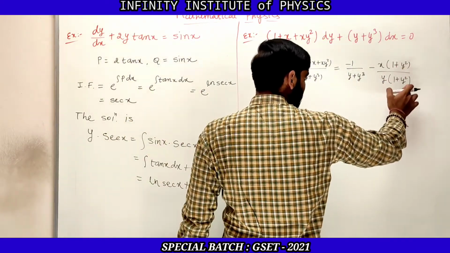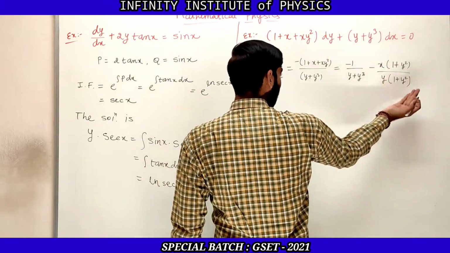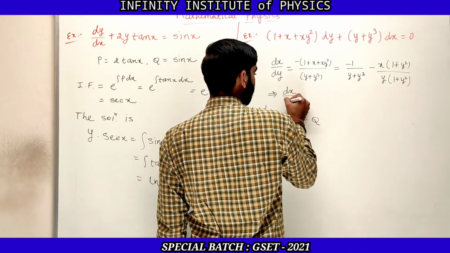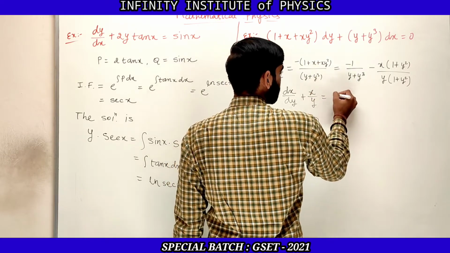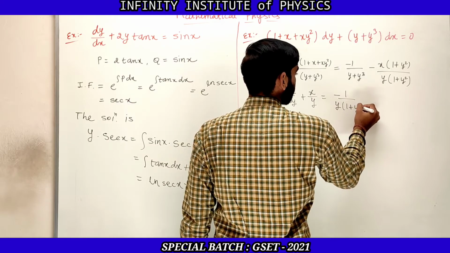Now 1 plus y square will cancel out. Now let us take that x by y to the left hand side, then it will be dx by dy plus x by y is equal to minus 1 upon y into 1 plus y square.